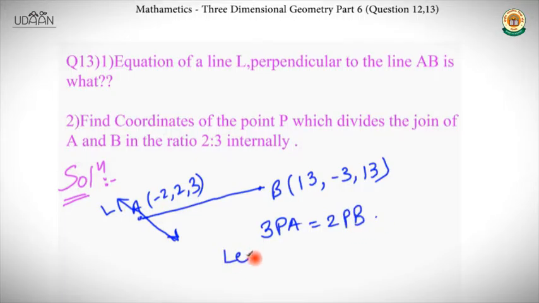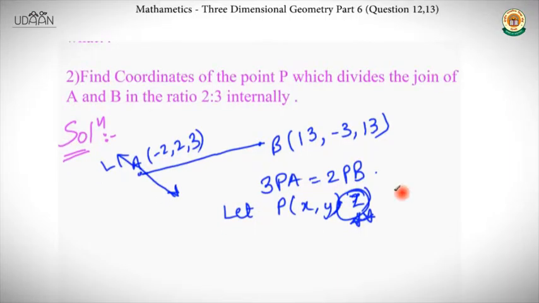Now let P be a general point with coordinates x, y, and z as well, because we are solving in 3D. We must not forget this, because it is a problem of 3D geometry, so there has to be a third coordinate present.